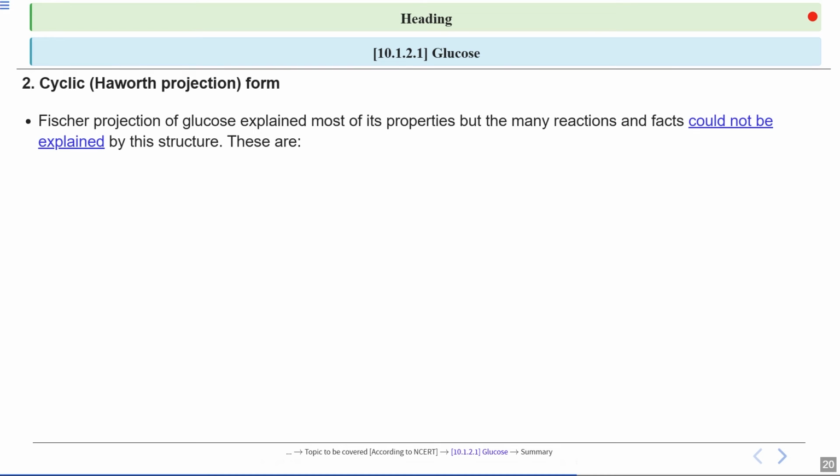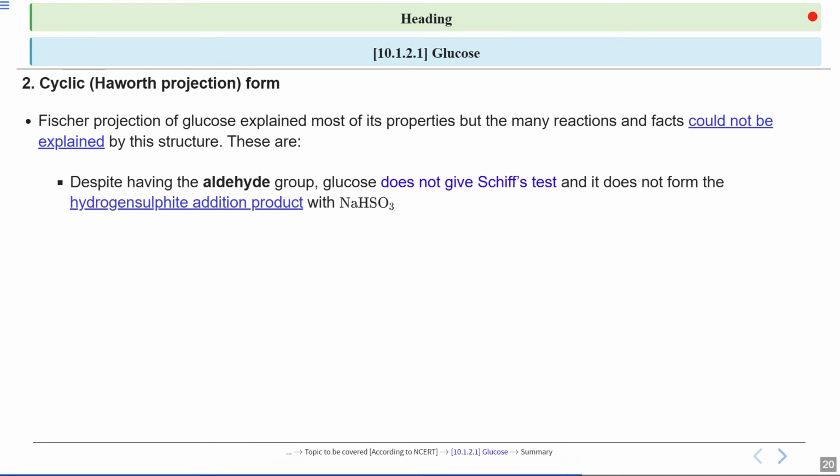So if you see, there are some specific issues with the Fischer projection. Even though it explained many properties, there were still some reactions and facts about glucose that didn't fit well. First, notice that glucose has an aldehyde group, but it doesn't give us a Schiff test.